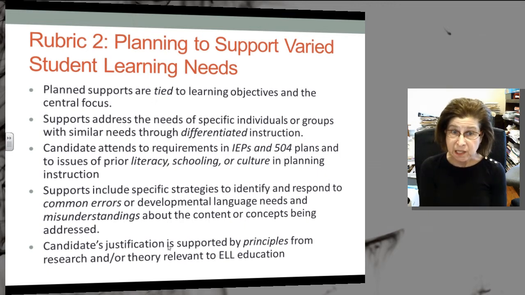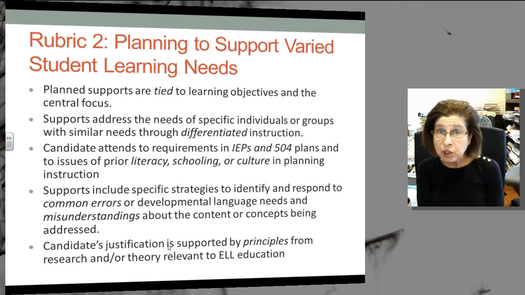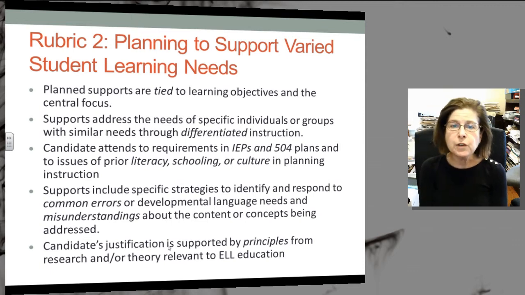Next bullet says that we need supports that will address individuals with similar needs. So, for example, your group of beginners, your group with struggling reading issues, you will differentiate for not just individuals, but groups with similar needs. So that's important also.